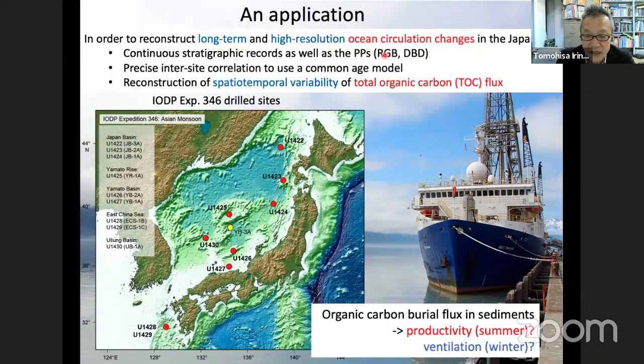So we can relatively easily calculate the TOC flux. The TOC burial flux at the sediment in this sea is probably controlled both by the productivity in summer and ventilation in winter. So I will try to distinguish these effects from this sediment data set.